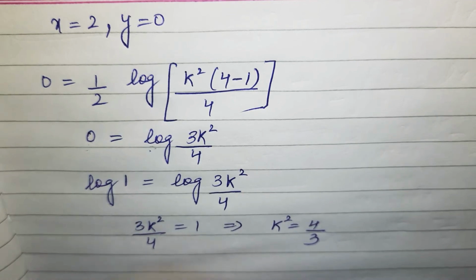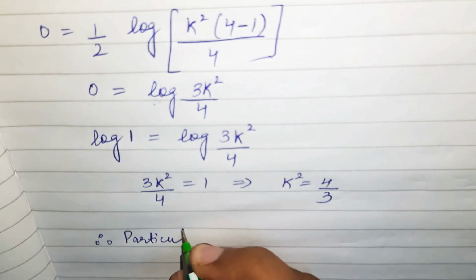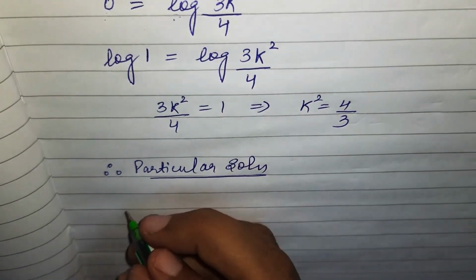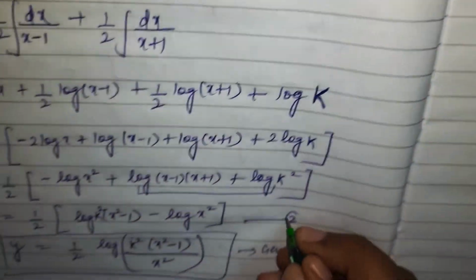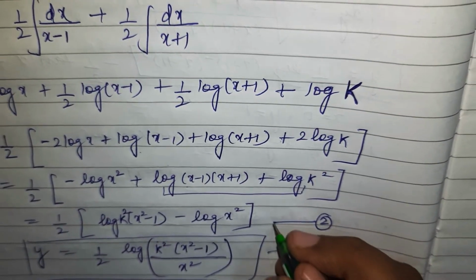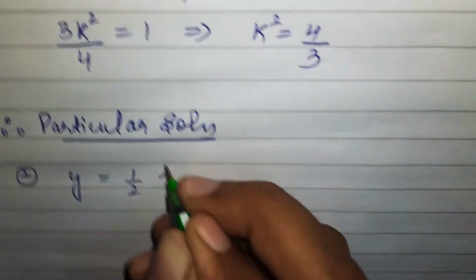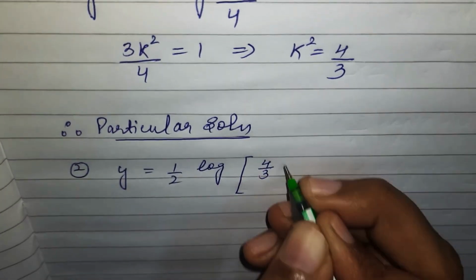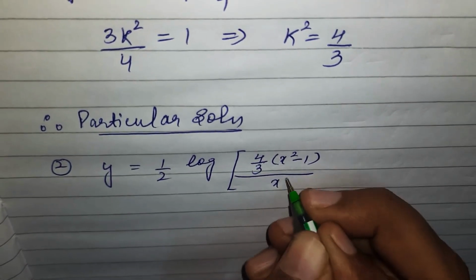So if k square is 4 by 3, what will be your final answer? If I talk about the particular solution, take equation number 2, mark it as equation 2. So I need to write y equals 1 by 2 log of k square, that means 4 by 3, into (x square minus 1) upon x square.